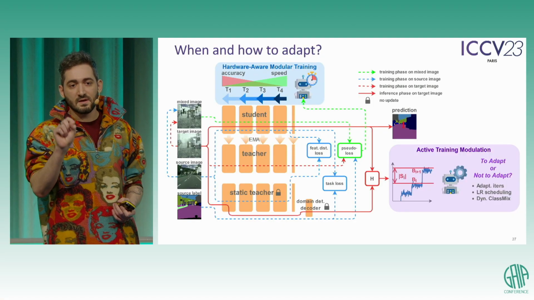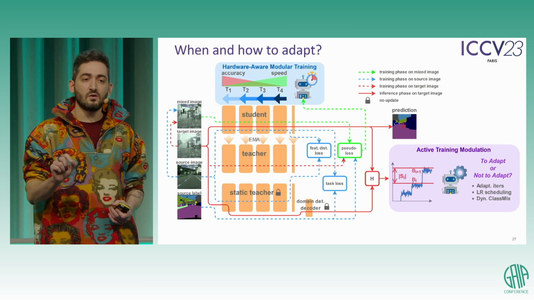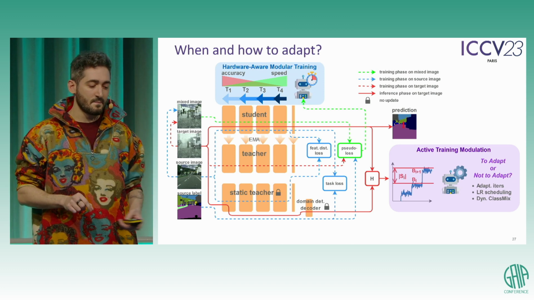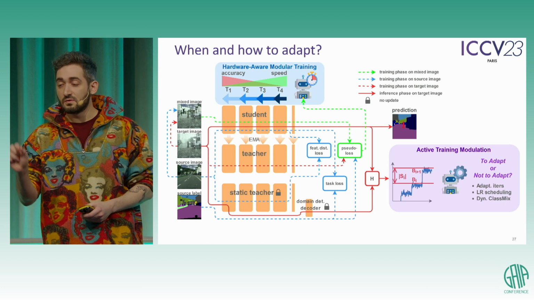The second question, and actually also the third one, is when and how to adapt. Because we don't have domain changes all the time. We have them once in a while. So if we could understand when the domain shift happens, then we can trigger the adaptation process only at that specific moment. And that's not all.